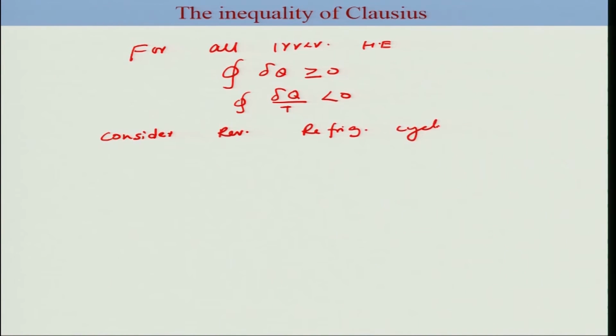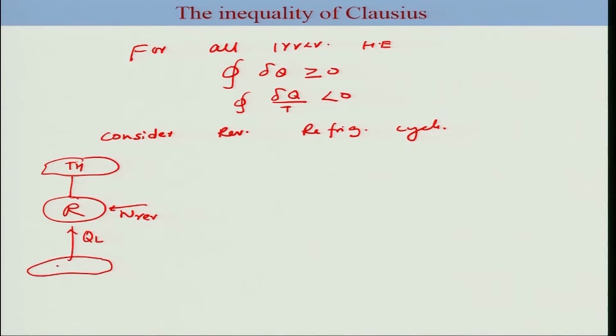cycle. Okay, so which essentially means that you have a high temperature sink, and this is R. There has to be some work. Considering reversible, this is W reversible, and some heat is extracted from a low temperature reservoir. Okay, so let's look at the terms of delta Q for this cycle.